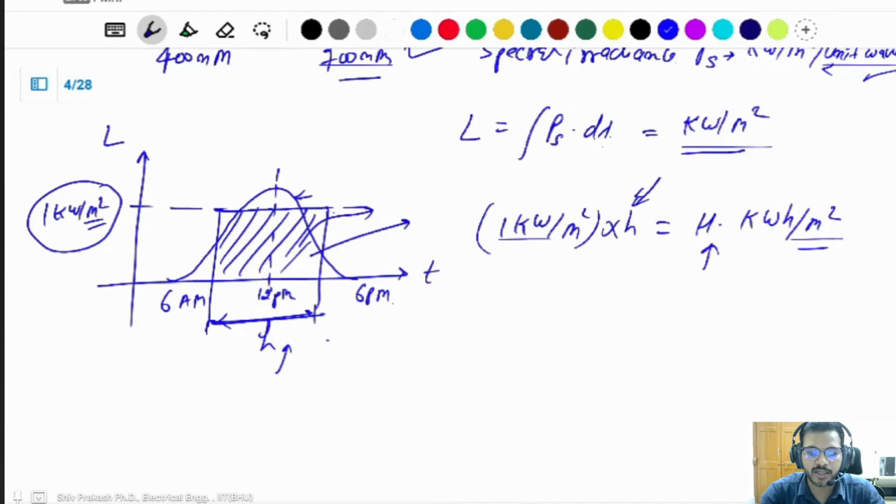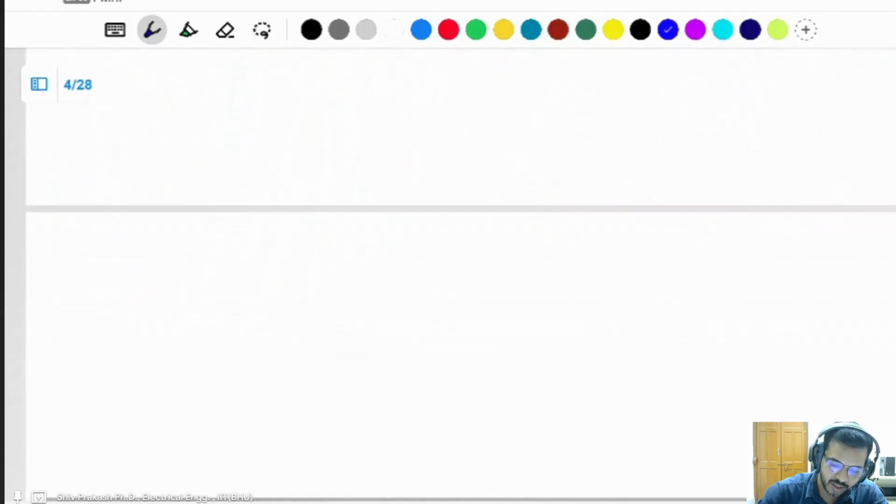The declination angle depends on the time of the year. It varies from minus 23.5 to plus 23.5 degrees, depending on the year, as the sun moves relative to the earth's coordinate system.